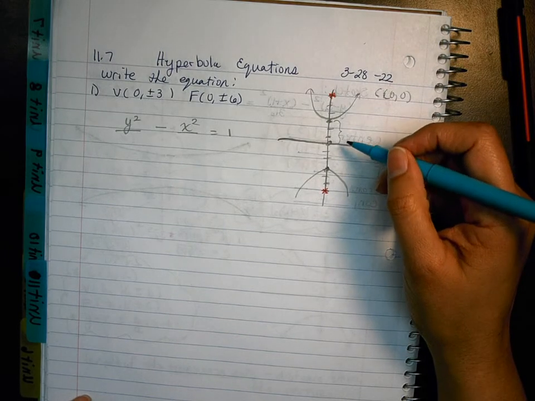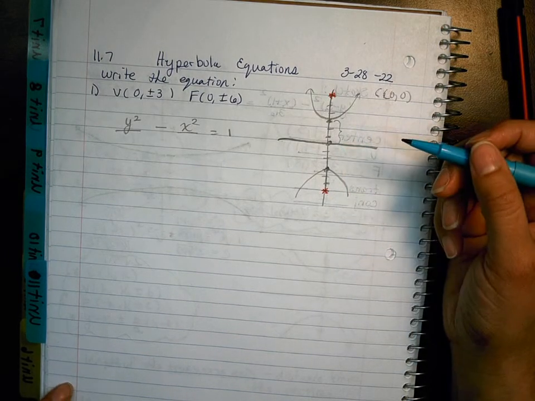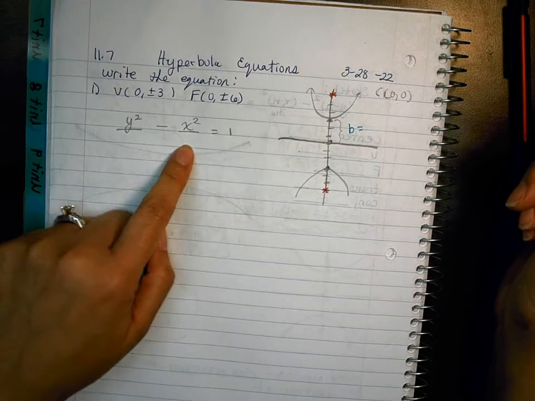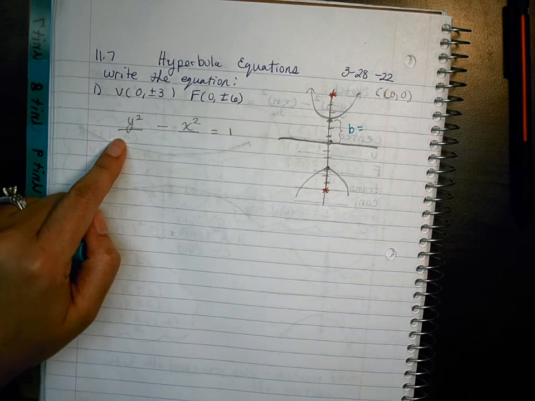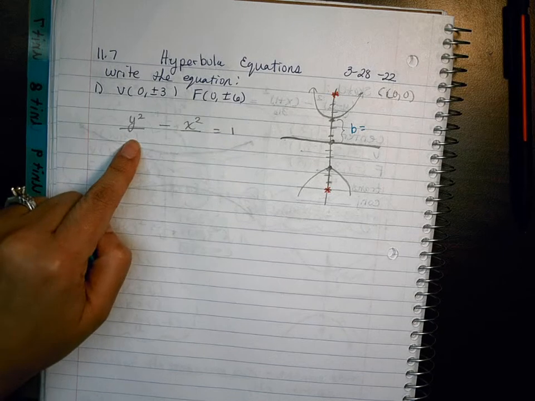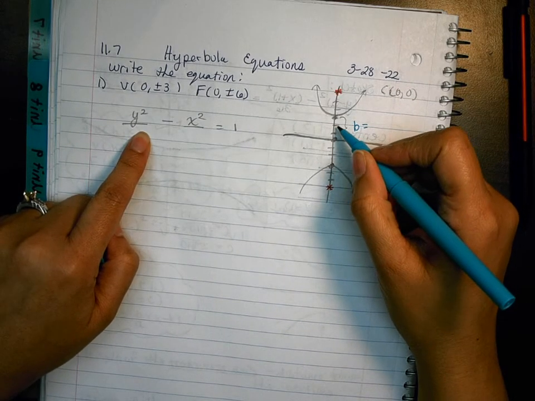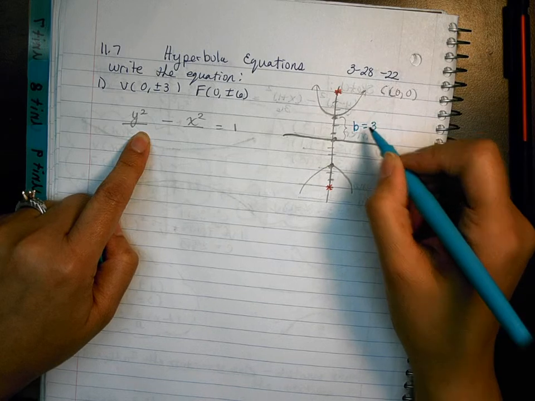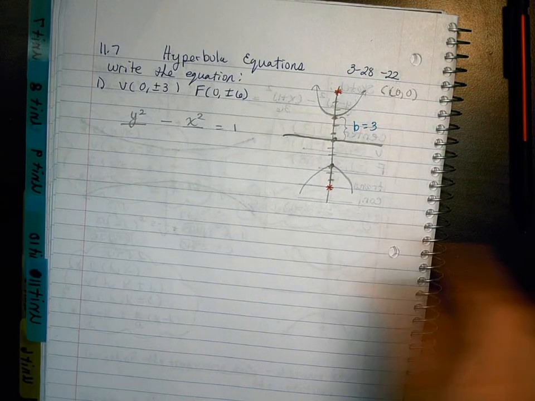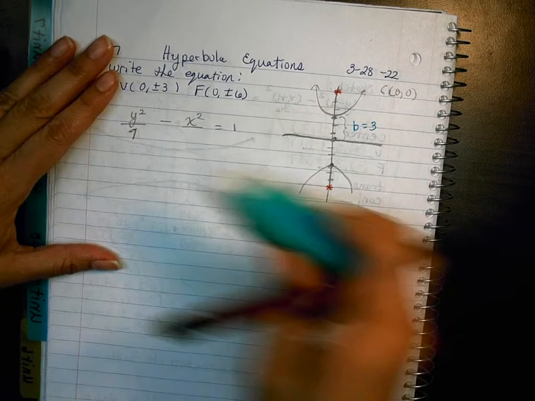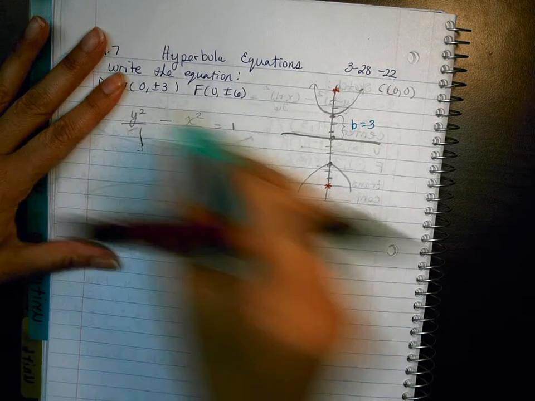B. And even if you messed it up, it doesn't really matter. What matters is where it goes. Is it going to go under the x or the y? Up and down goes under the y. And what is this length right here, by the way? Can you count it? 3, and 3 squared is 9. So the 9 goes under the y. Why under the y? Because it's going up and down.